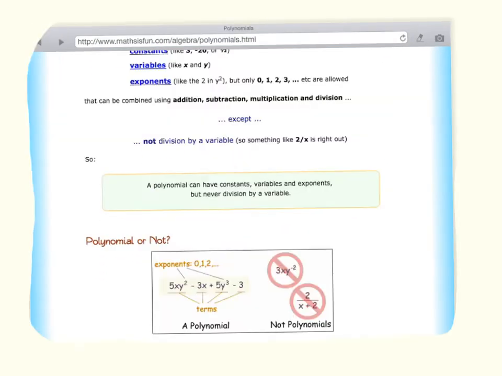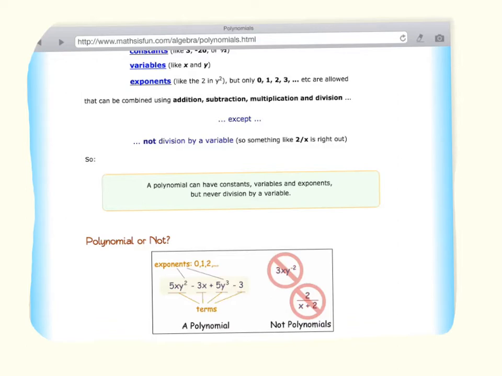So take a look at these examples. In the first term, you have 5xy squared minus 3x plus 5y cubed minus 3. Each one of those individual components are called the terms of the polynomial. That makes up a polynomial.